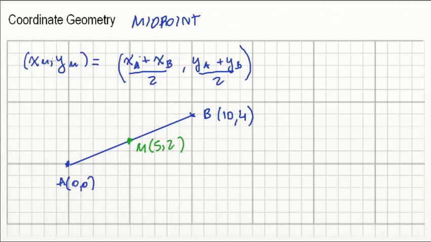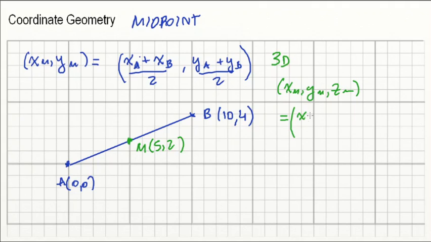And we can simply use this equation with any given points. The only difference is if we had a 3D situation. If we were working with 3 dimensions, it doesn't change much. In fact, we just add another coordinate, which is our z, and it's going to be the same average as the ones before. So you're going to have the average of your x positions, the average of your y positions, and the average of your z positions.